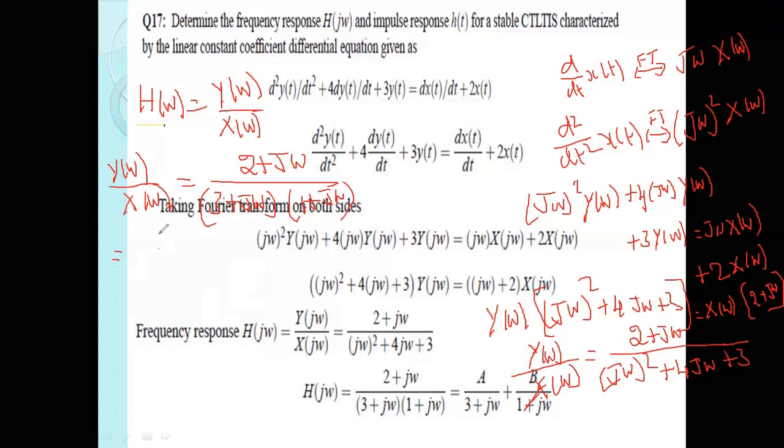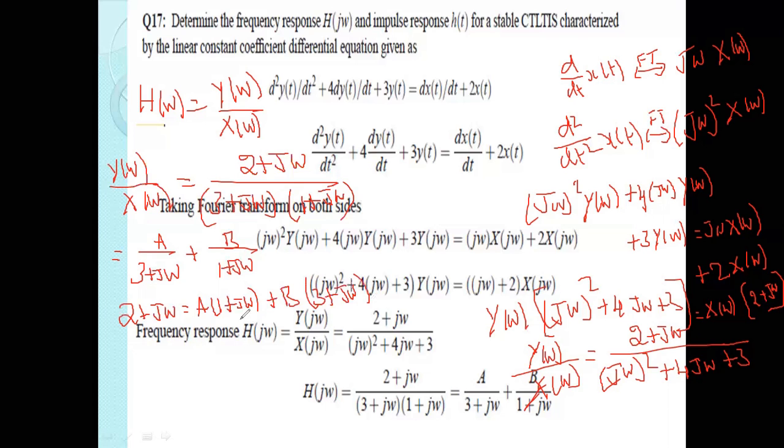So by using the partial fraction expansion method, A by 3 plus j omega plus B by 1 plus j omega. So now the equation becomes A into 2 plus j omega is equal to A into 1 plus j omega plus B into 3 plus j omega.